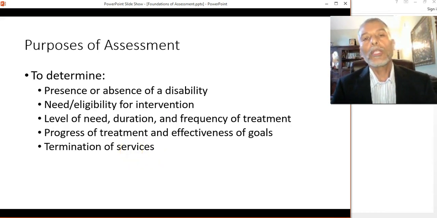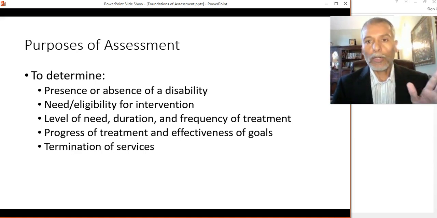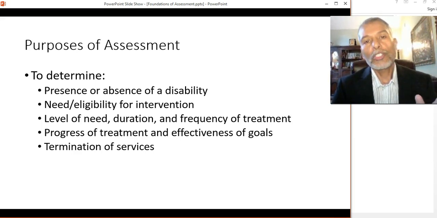So the purposes of the assessment: why do you evaluate anyone? We evaluate someone when we suspect that this person has some kind of speech, language, or swallowing disorder. We discussed in class the differences, in clinical terms, of what a speech disorder is.